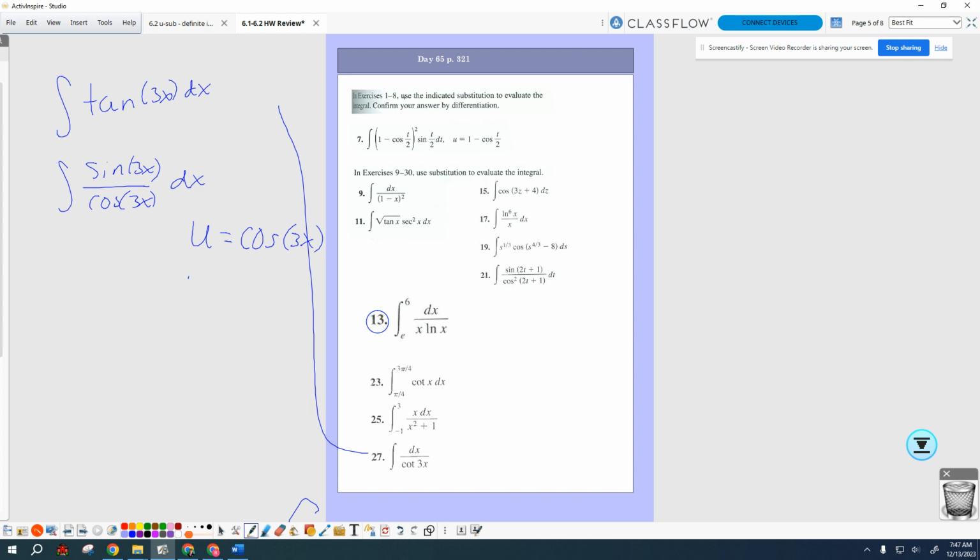So if u is cosine, du is negative sine 3x, then chain rule. Yes. So cosine 3x is the u value.